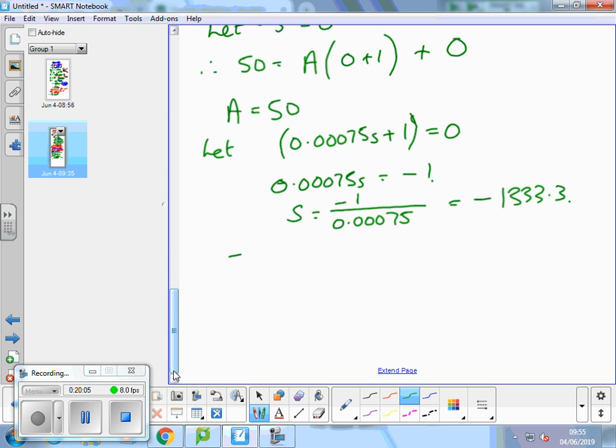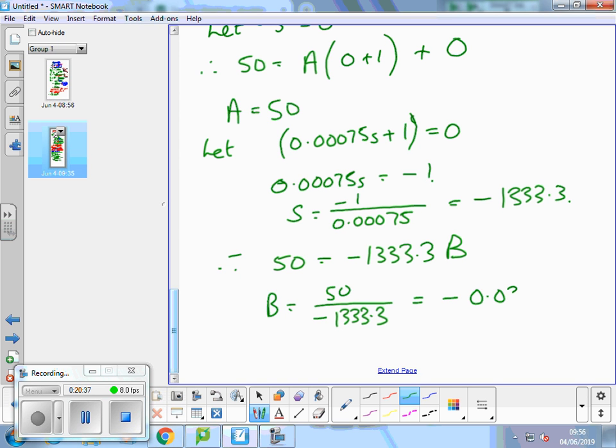So we can now say, therefore, 50 is equal to minus 133.3 times B. B is equal to 50 over minus 133.3, which is minus 0.375.